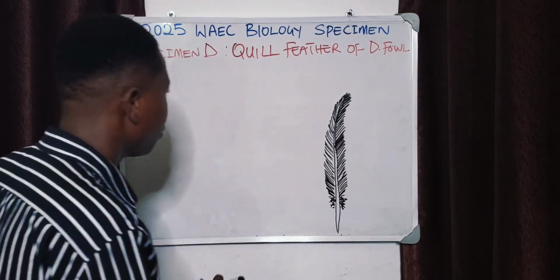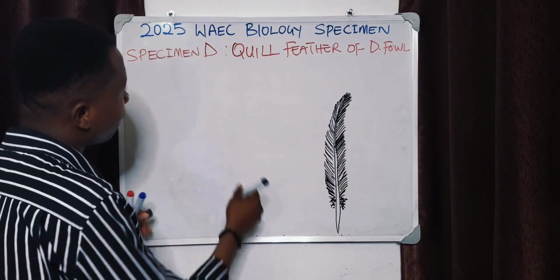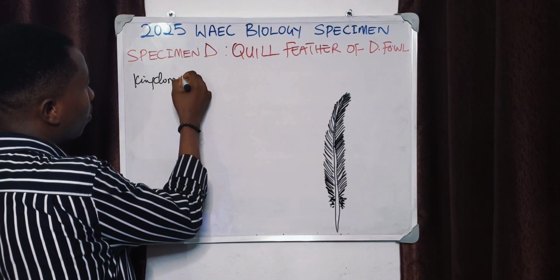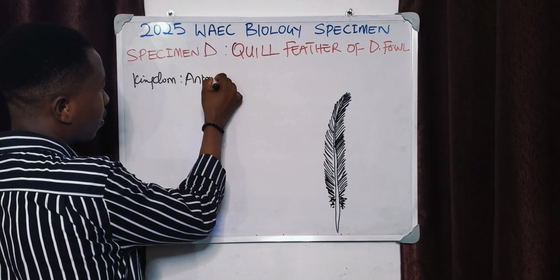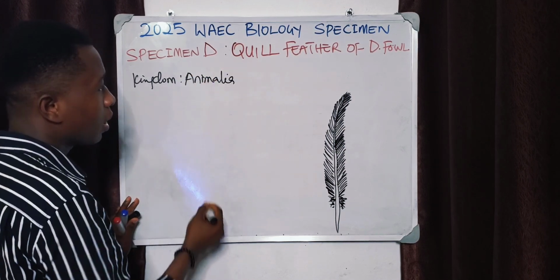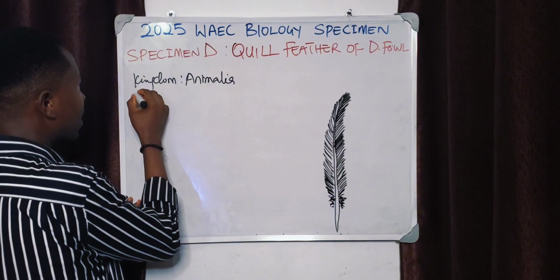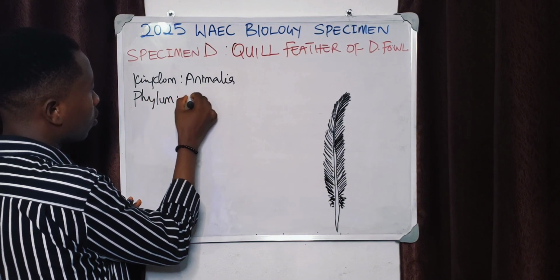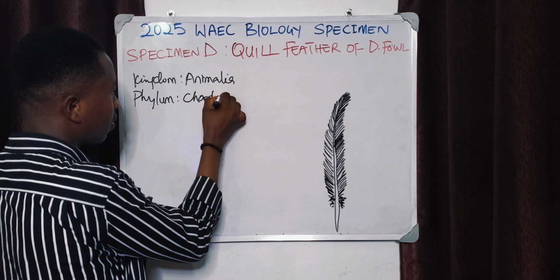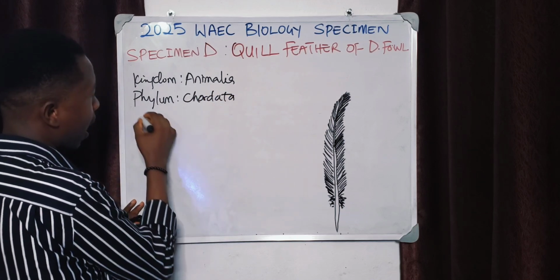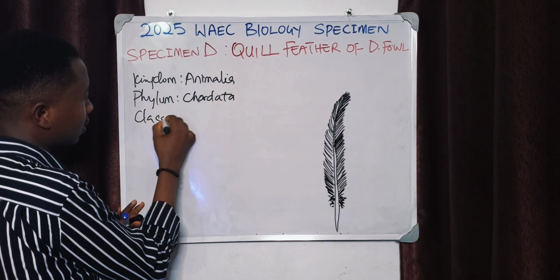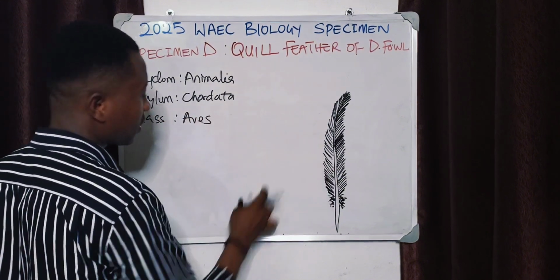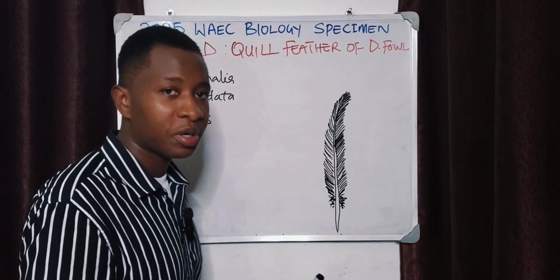So the first thing you should know is that this specimen came from kingdom Animalia, phylum Chordata and class Aves. So this specimen can be found in birds.